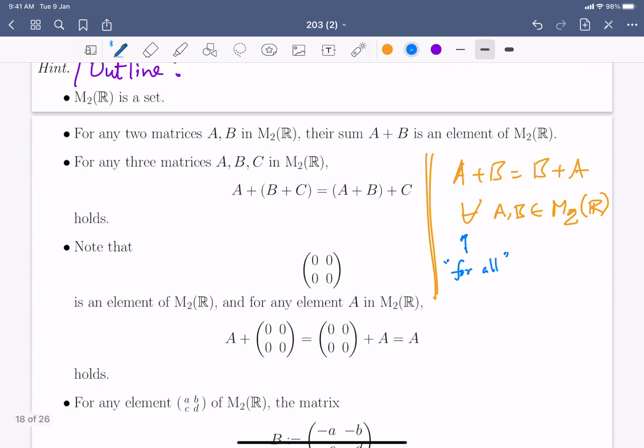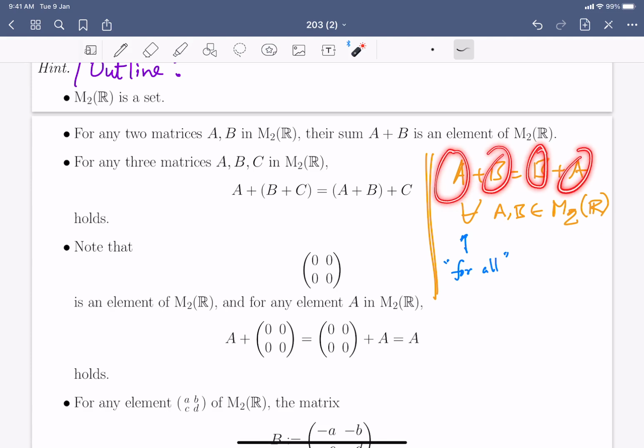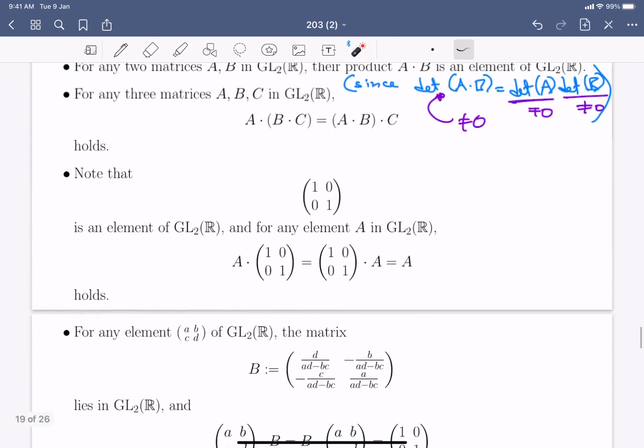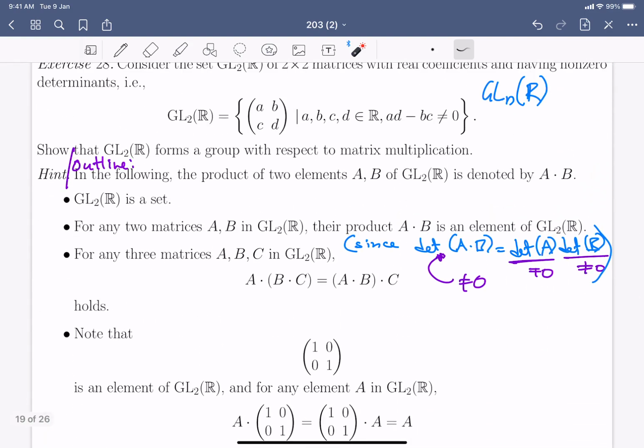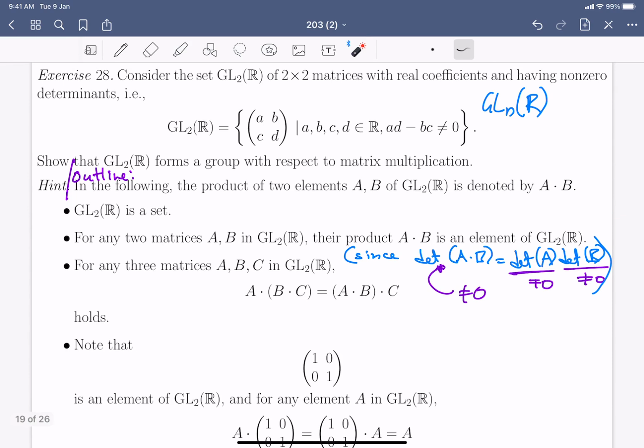So this says that A plus B equal to B plus A for all A, B inside M2R. So in other words, you just pick two elements A and B from M2R and compose them. I mean, the order is not important. You can take A first and then B, or you can take B first and then A. You can compose A with B, or you can compose B with A. So the output is going to be the same.